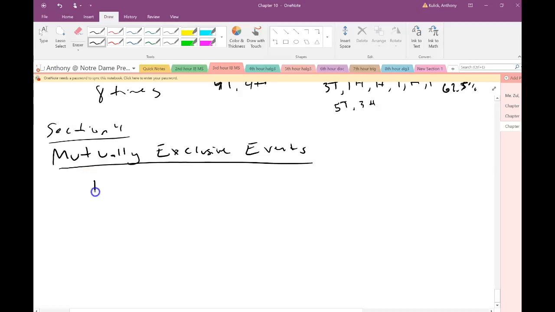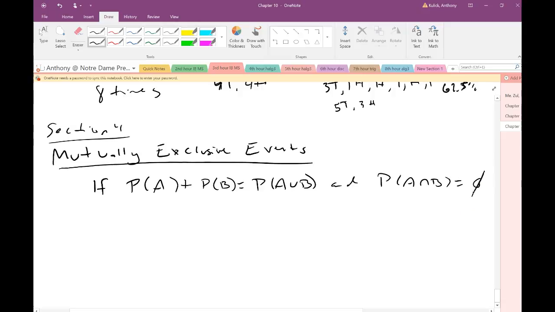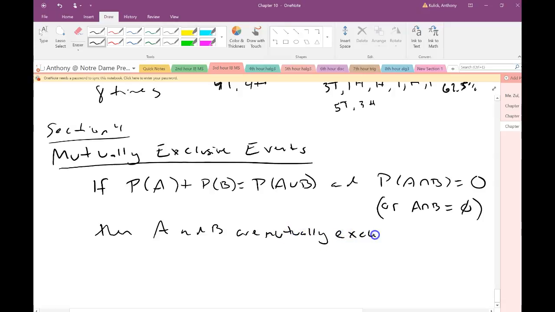So the technical definition says if P of A plus P of B equals P of A union B, and the probability of the intersection is 0, or you could say that the set is empty, then A and B are mutually exclusive.